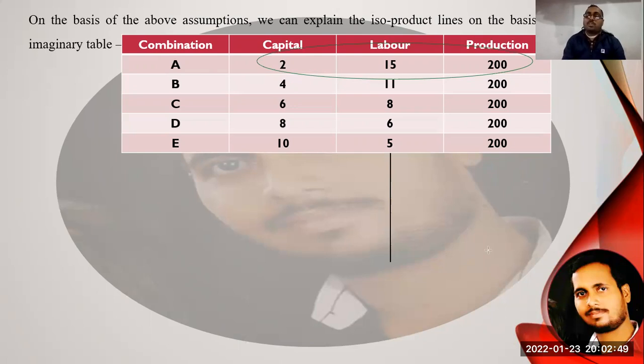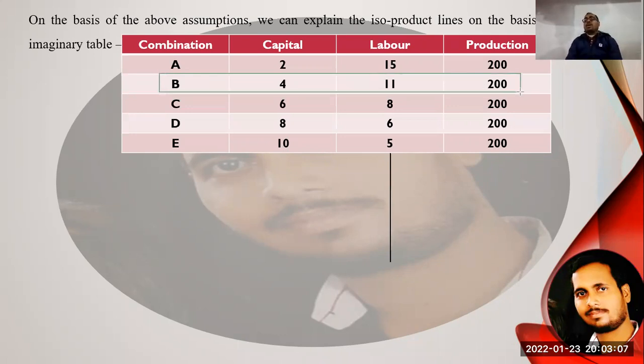If this combination is not attainable by the entrepreneur, what is the next combination? The next combination is B, where the entrepreneur uses 4 amounts of capital and 11 amounts of labor. Here, while increasing the amount of capital, the amount of labor decreases, because of the rate of substitution.